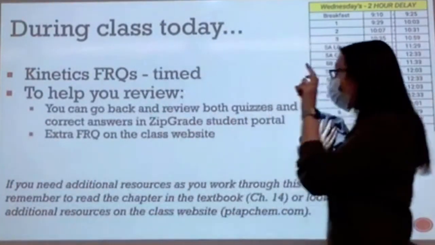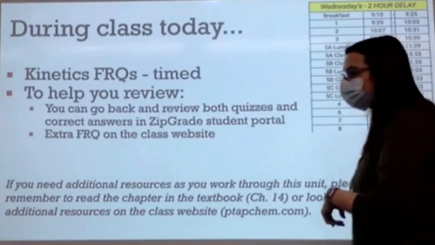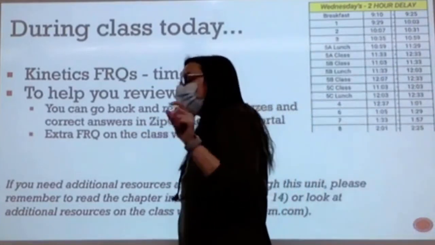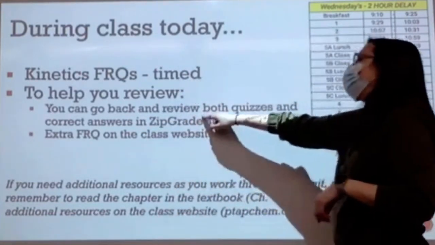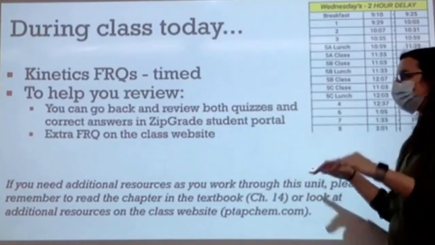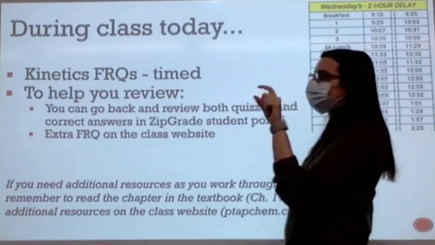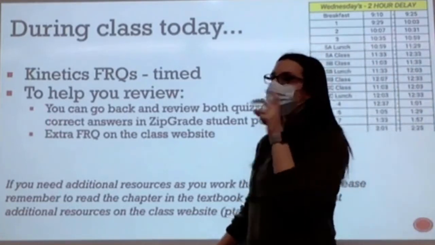So speaking of the quizzes, they were posted back in ZipGrade. I left a comment in Google Classroom for the quizzes. So if you go back into that student portal, it's the same information all the time, your ID and the access code. If you go into the student portal, it says posted papers.